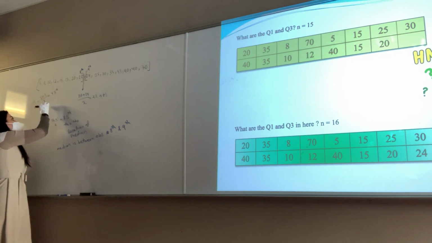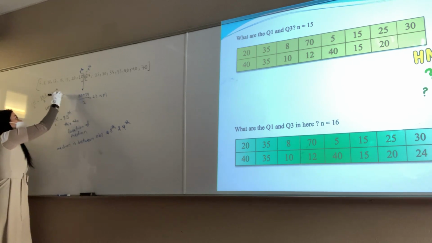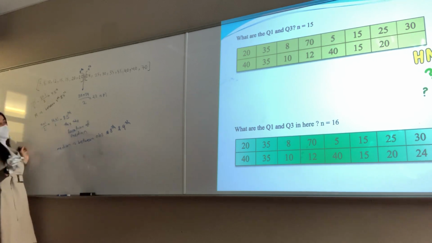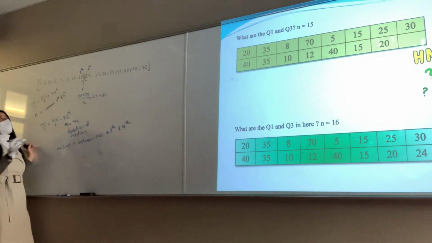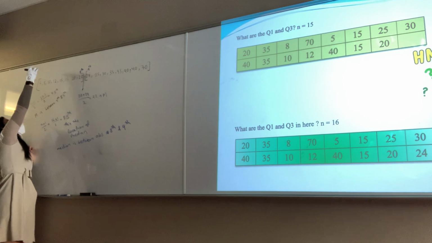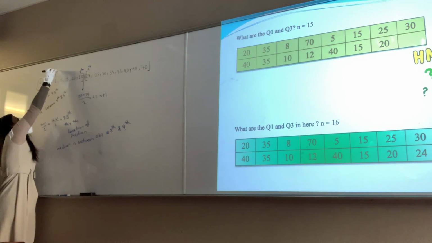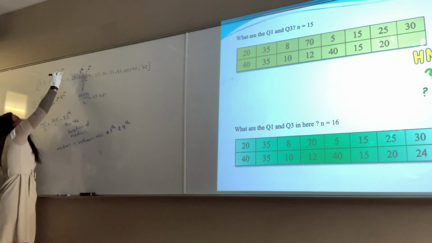The median is between the 4th and 5th, right? So I'm going to count. 1, 2, 3, 4. This is observation number 4. And then this is observation number 5.